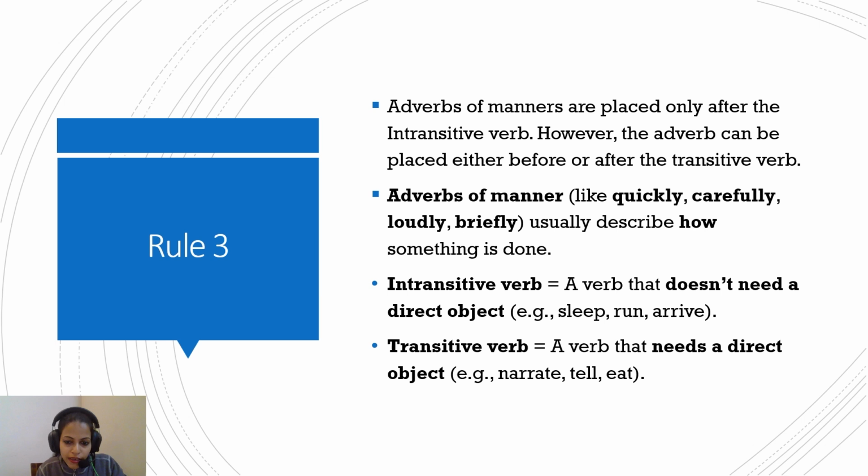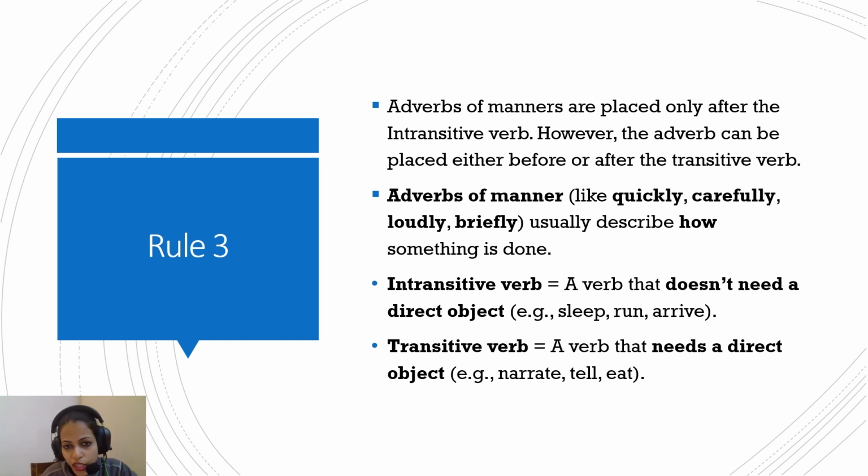In order to tell, you have to have somebody who is listening. Only then the telling can be done. So the transitive verbs are the verbs that have to have some direct object. Similarly, eat, you have to have some object. You cannot be just eating without an object. So these are transitive verbs. And as the word intransitive makes clear, it doesn't need a direct object.